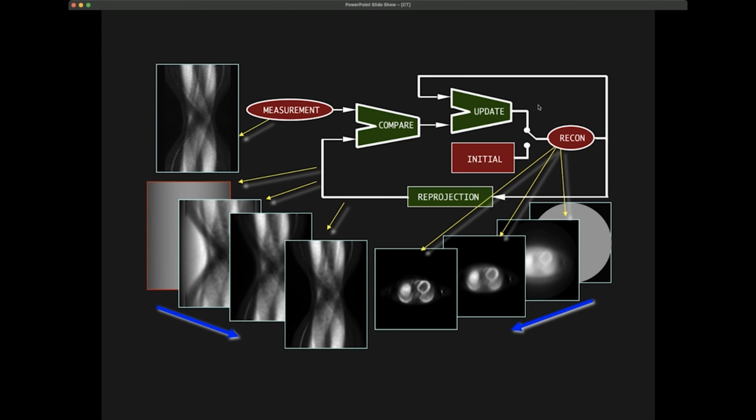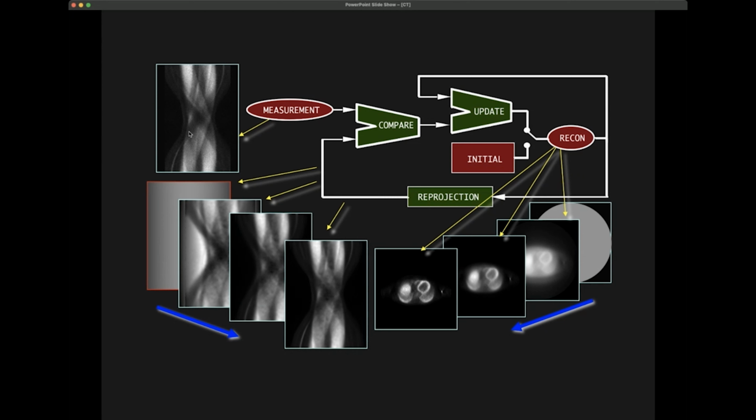And this way, we keep on going around. We keep on updating our assumed distribution of attenuation coefficients up to the point that the projection, the scanning of this virtual object, gives us something which is very, very close to what we actually measured.